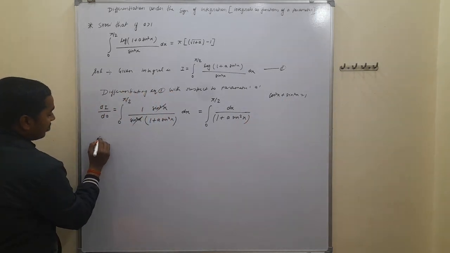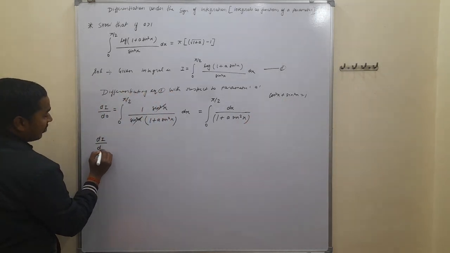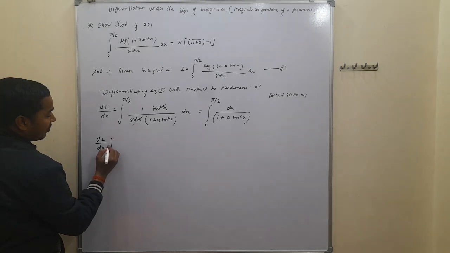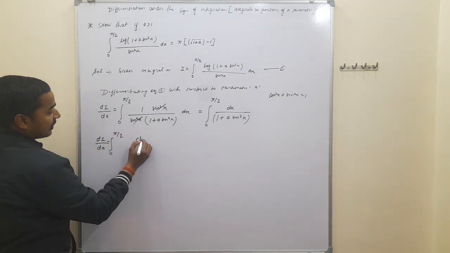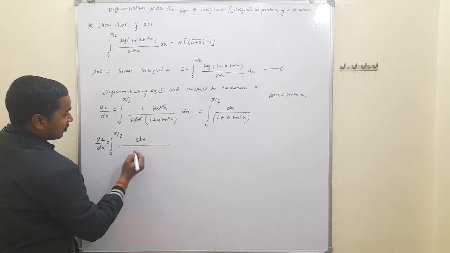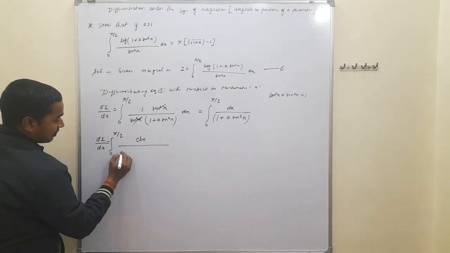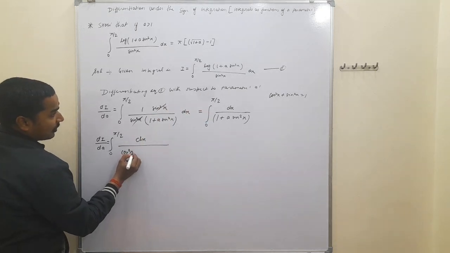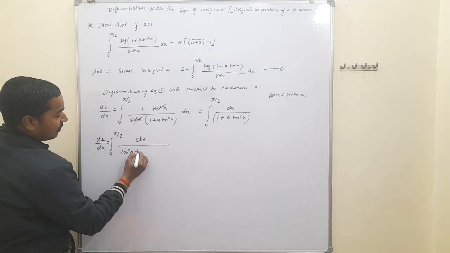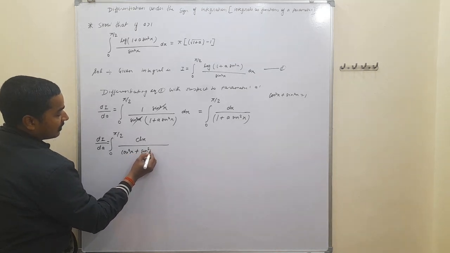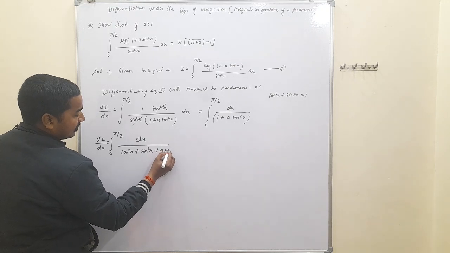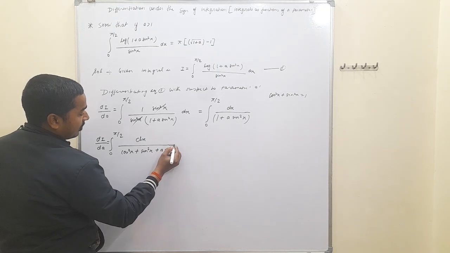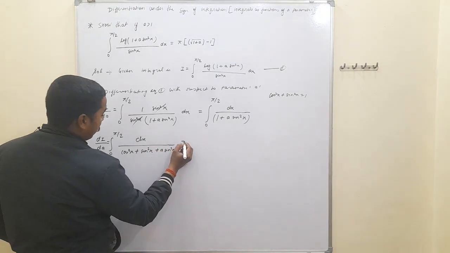This is dI upon da, integral from 0 to pi by 2, dx, and in place of 1 we write cos square x plus sin square x, and a sine square x is already present. Further we have to solve.